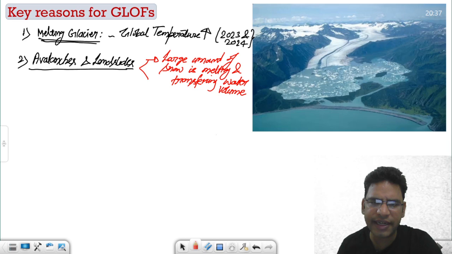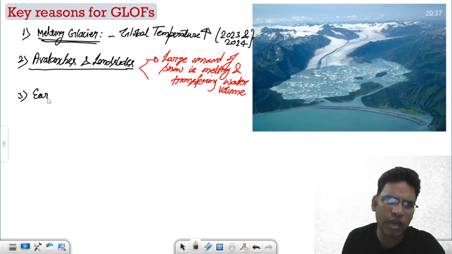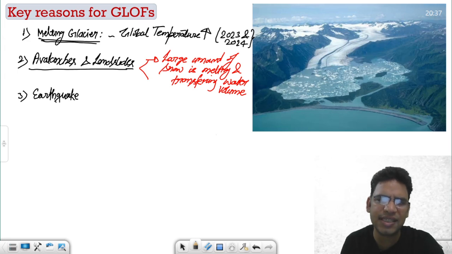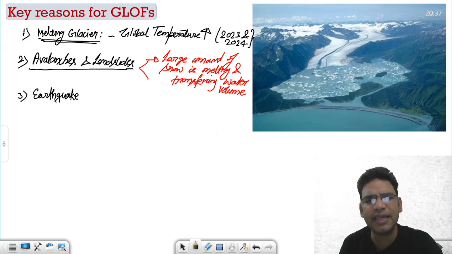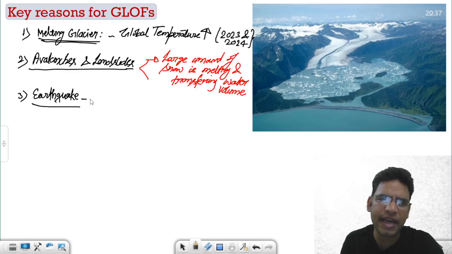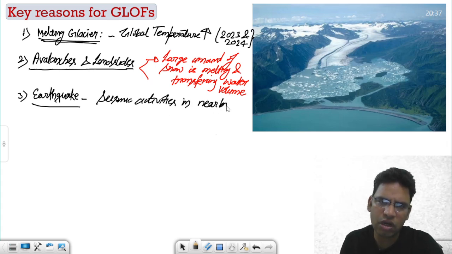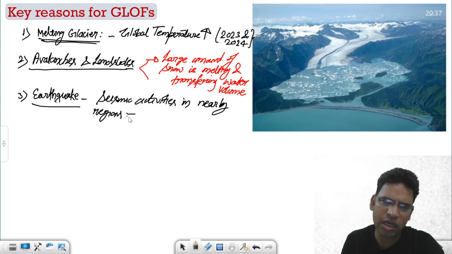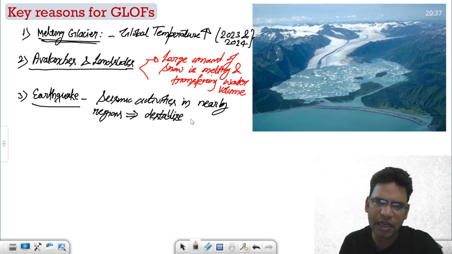Another event could be, recently, if there was an earthquake, right? So seismic events, earthquake events. Earthquake events are also very important. They play a very important role. These seismic activities in nearby regions, what they do actually, they destabilize these moraine dams, right?